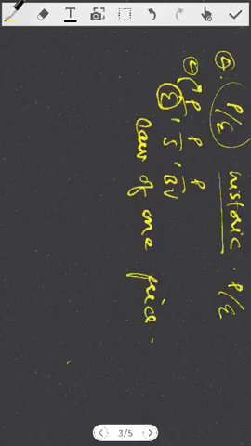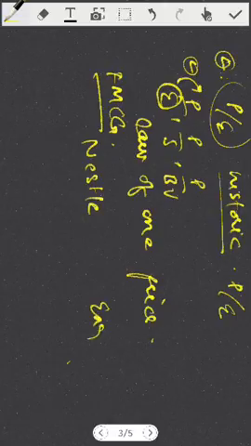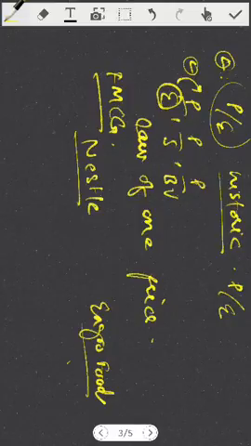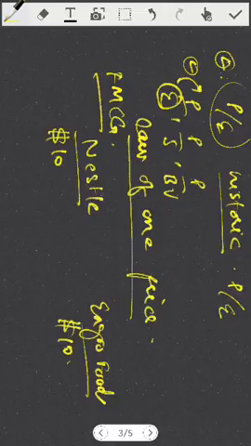So if in the FMCG sector you've got two companies, Nestle and let's say Agro Foods, and we know that both the companies have an earnings per share of $10, again hypothetical, then based on the law of one price, the market should be willing to pay a similar price for both companies, ceteris paribus, keeping all else constant, right?